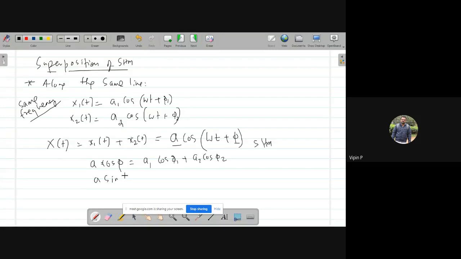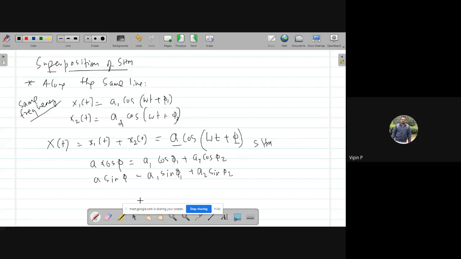And A sin phi comes from expanding this using cos(A plus B) and then rearranging those two terms, and we get A1 sin phi1 plus A2 sin phi2. This is from which A comes in. So A depends upon phi1 and phi2 also.